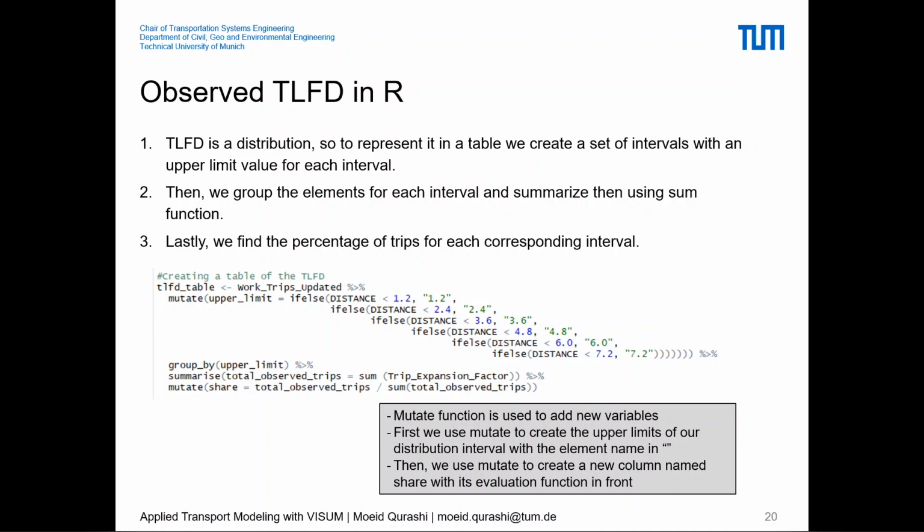The mutate function is to add new variables. First we use mutate to create the upper limits of our distribution intervals with the element name as a character, like here, and then we mutate to create a new column named share with its evaluation function in front. So we use mutate twice, here and here, and we create another column for total observed trips here.